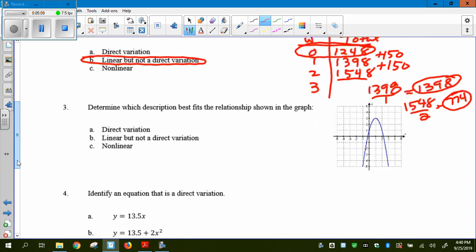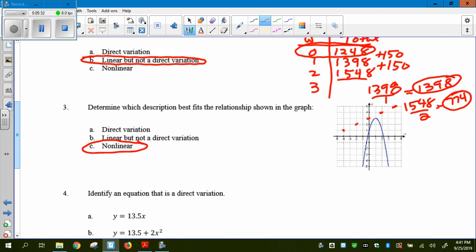All right. Number 3, we're going to look at the graph to help us decide. And linear means that it's going up by the same amount. That would be like a straight line, like this would be linear. And obviously this graph is not a straight line. So we're going to say this is nonlinear.